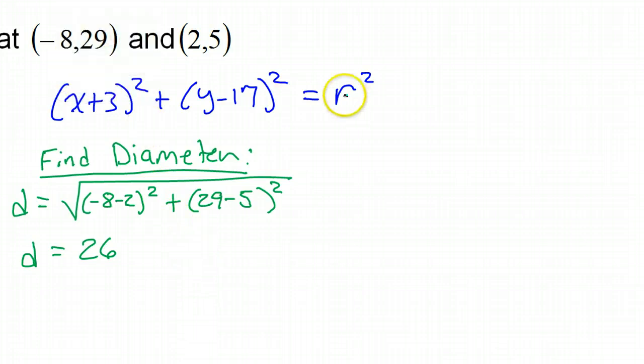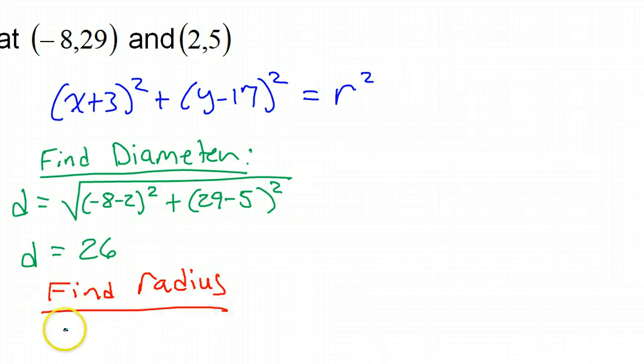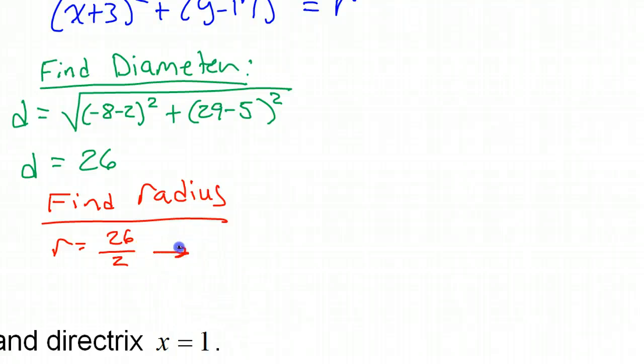Now our goal was to find the radius though. So obviously finding the radius will be simple now, because the radius is just going to be half the diameter. And so that gives us a radius of 13.